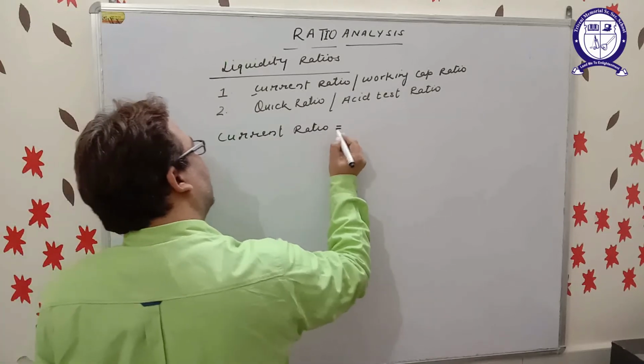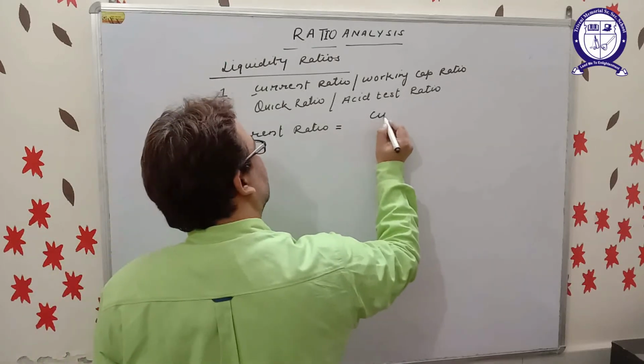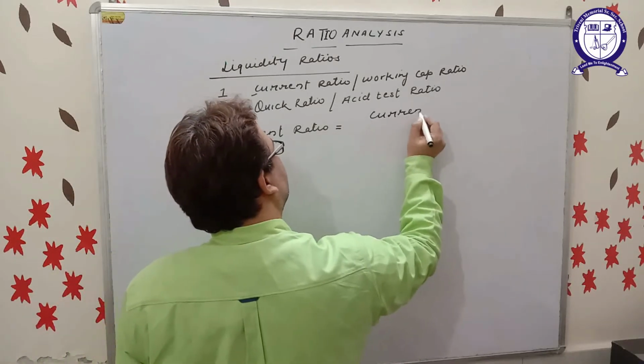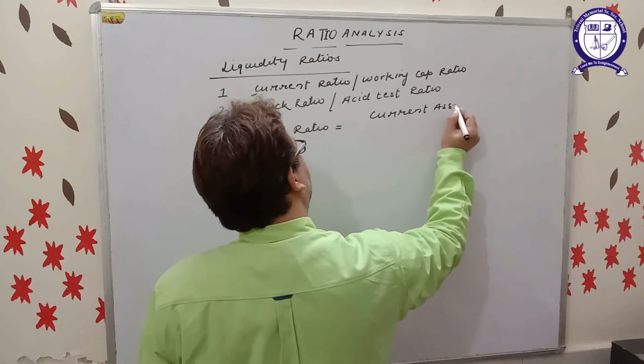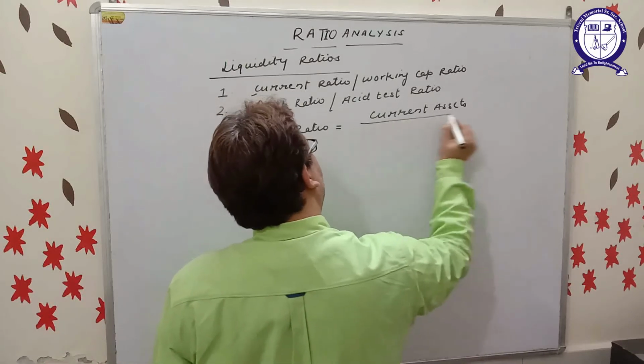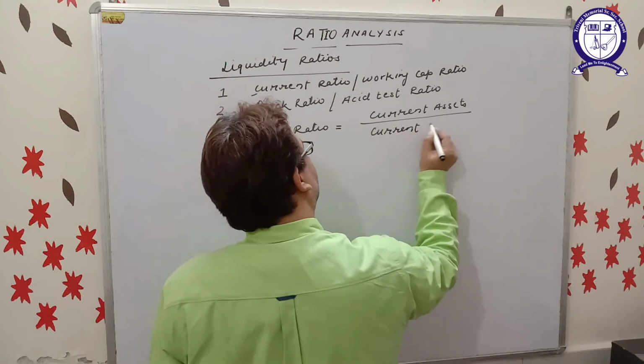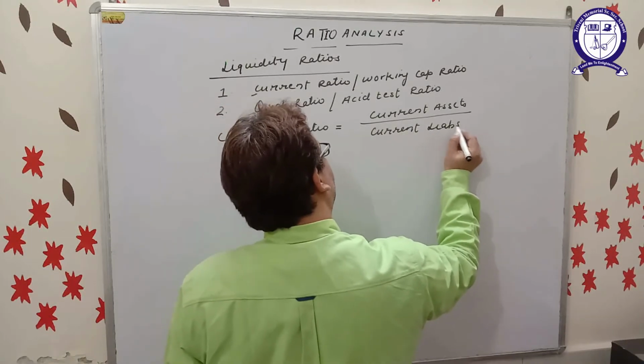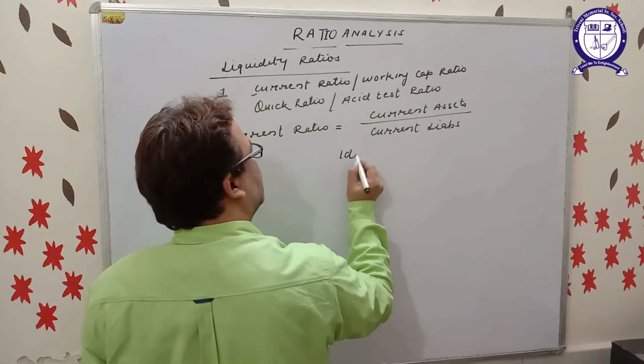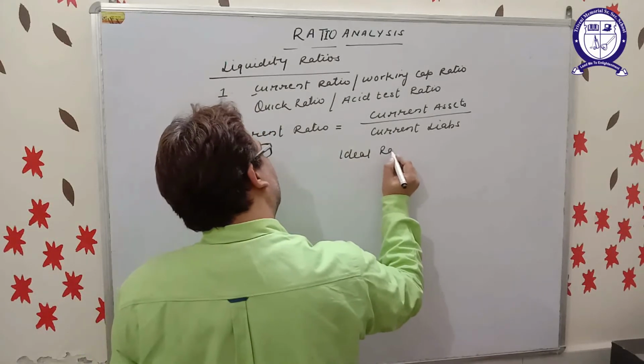The formula of current ratio is current assets divided by current liabilities. Ideal ratio is 2:1.